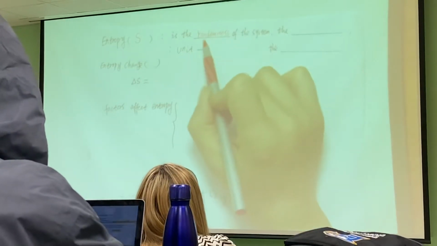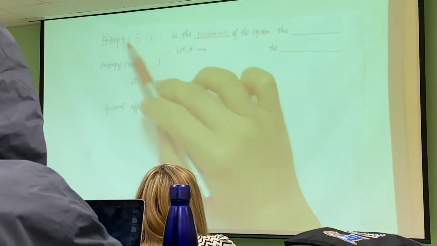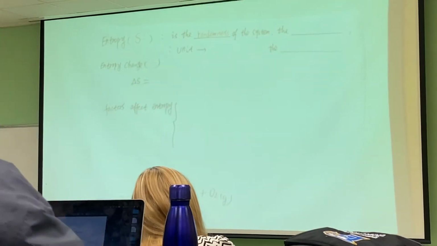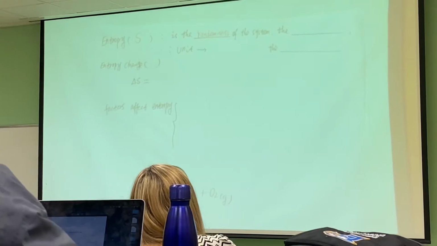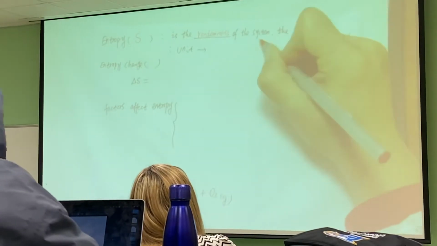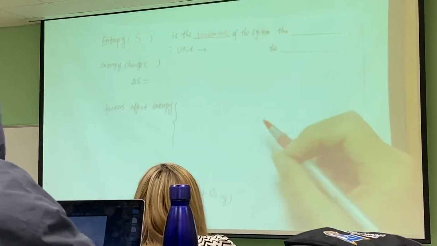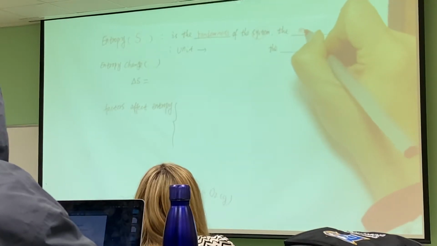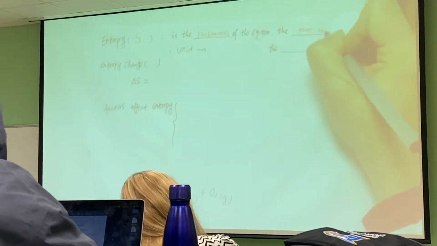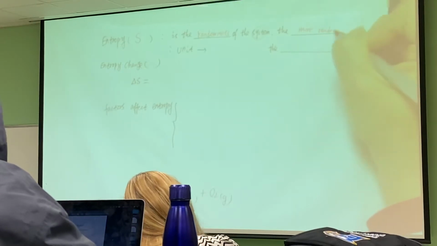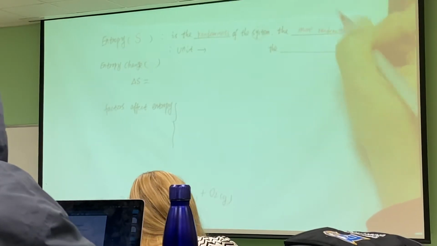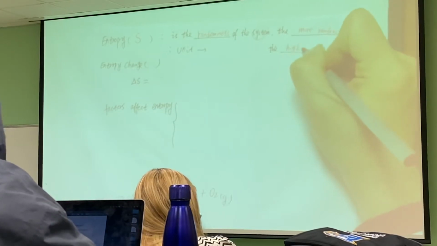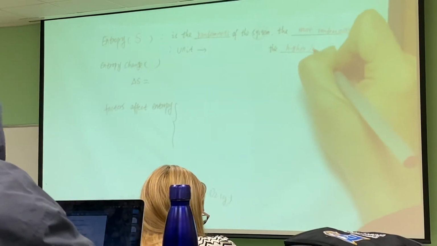So that randomness of the system, we use entropy to define that. Okay, so the more randomness your system has, the higher entropy you will get, or the more entropy you will get.